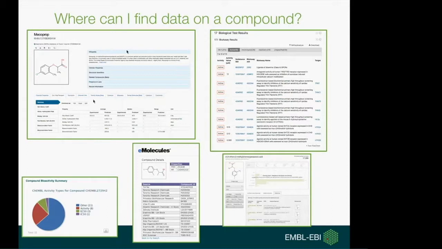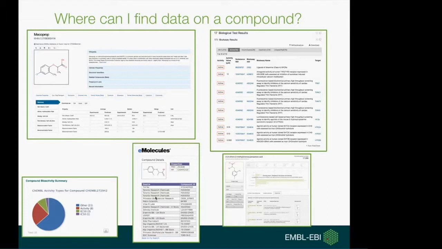For example, you can go to the EPA CompTox web page, where they've got a lot of information about the toxicity of compounds. You can go to the PubChem page on the compound. You can go to ChEMBL. You can go to SureChEMBL, which is our patent database, and you can go to pages like eMolecules or ZINC, which indicate how you can actually buy these compounds if you want to do some experiments on that particular molecule.